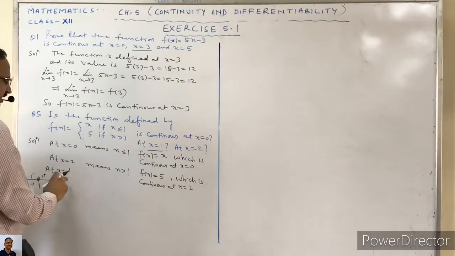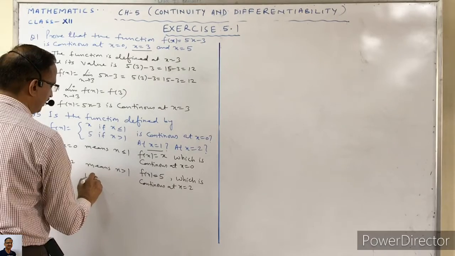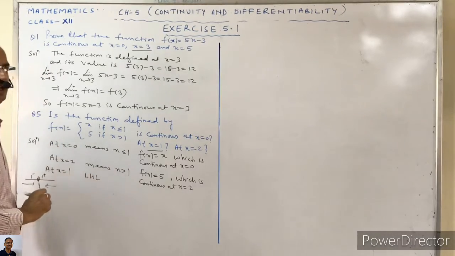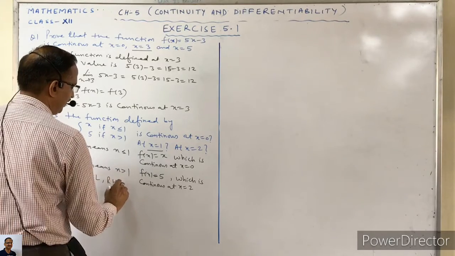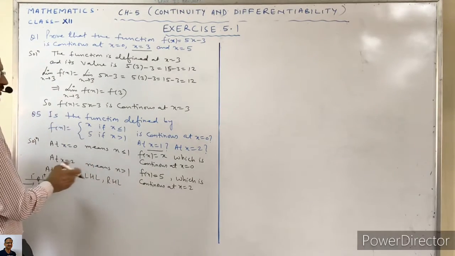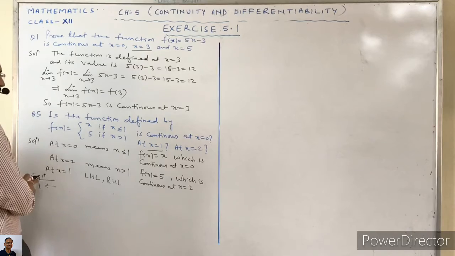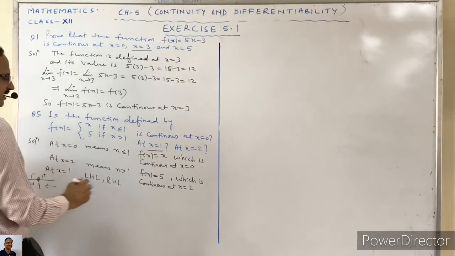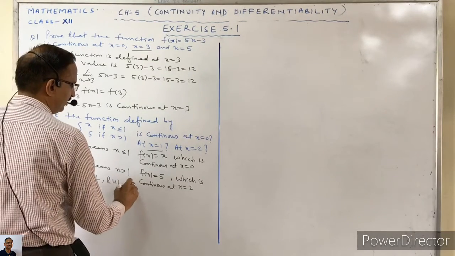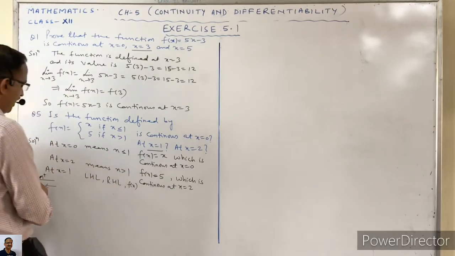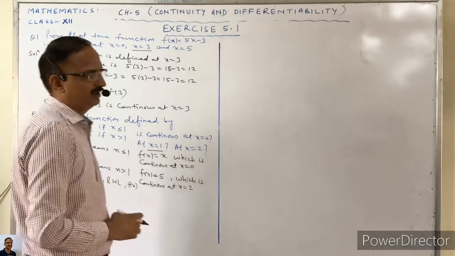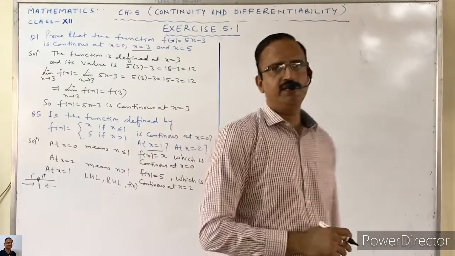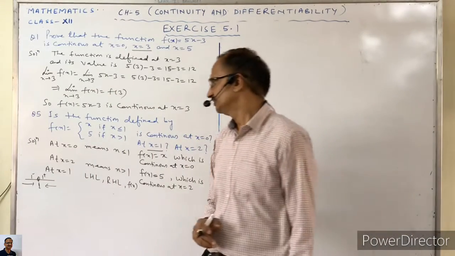So for this we will find LHL, the left hand limit, then the right hand limit, and the value at x equal to 1. If all the three are equal, then the function is continuous.